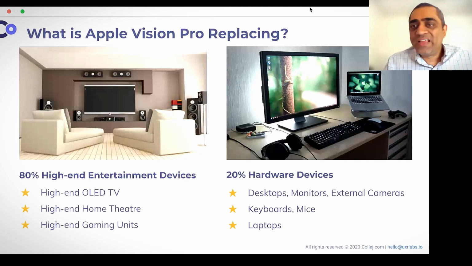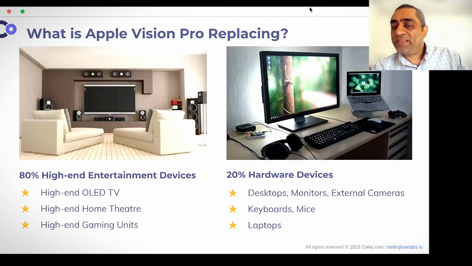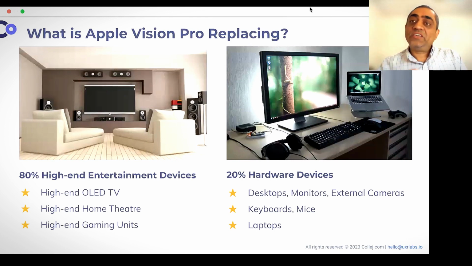Right. And in addition, the one thing that everybody's been talking about, the connected devices, what is the core of those connected devices? It's a computational device, right? It is your personal computer. So in a sense, it is your personal computer to go with a very immersive experience, right? So that is a huge shift.